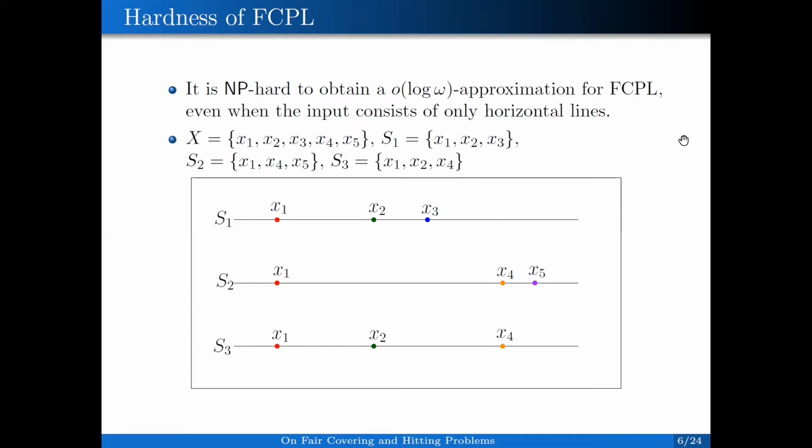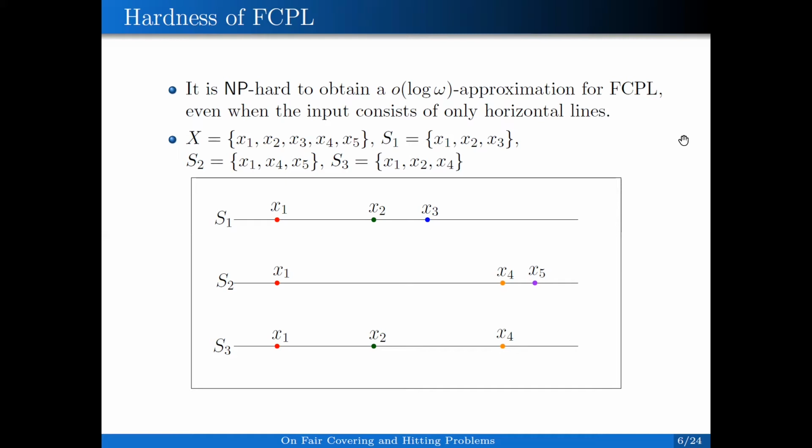So we have in total n colors, and the coverage requirement for each color is 1. And this reduction shows that the FCPL problem is hard to approximate within a factor better than log omega, as set cover is hard to approximate within a factor better than log n.